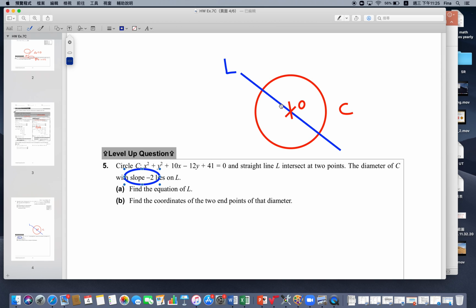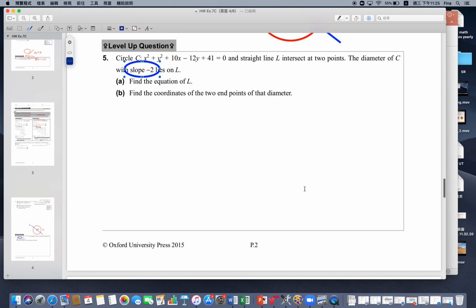After I get the coordinates of the center and I know the slope of L, I can use the point slope form to form the equation of L. So I just want to give you such a remark about the situation for this question. After you get such information, you can finish this question easily.